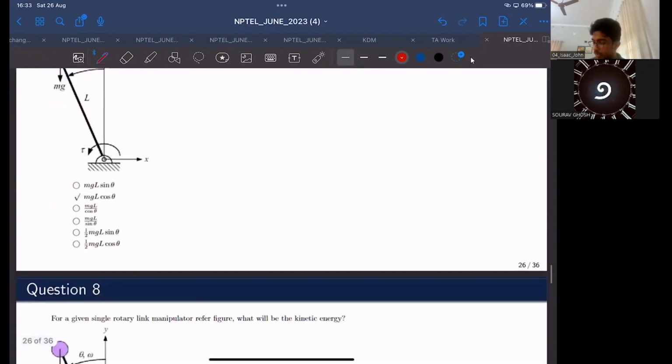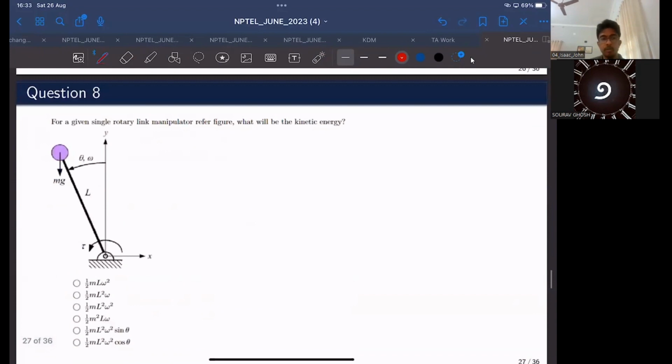Same question, but what would be the kinetic energy? We know that kinetic energy is half mv square for a point mass, and v square would be x dot square plus y dot square. What is x? Based on this expression, x is minus L sine theta, y is L cos theta, right?